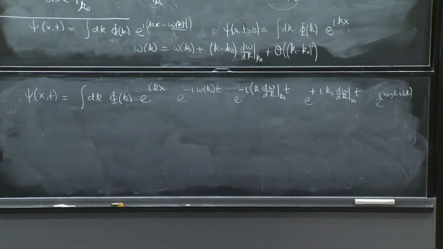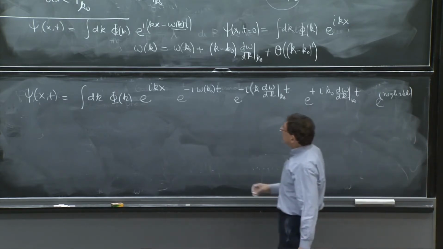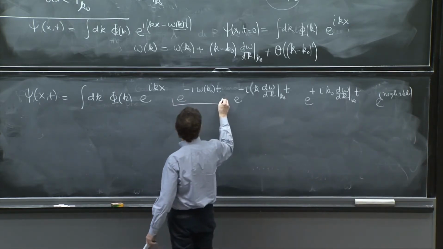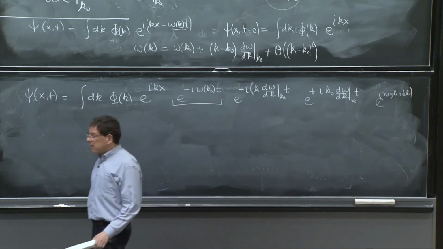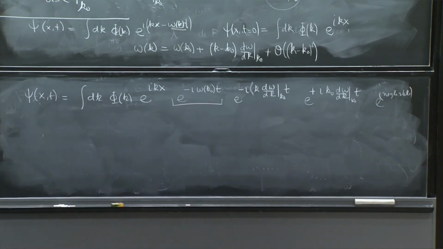Okay, so this is the integral, and then you probably need to think a second, and you say, look, there's lots of things making it look like a difficult integral, but it's not as difficult as it looks. First, I would say this factor doesn't depend on k. It's omega evaluated at k naught.